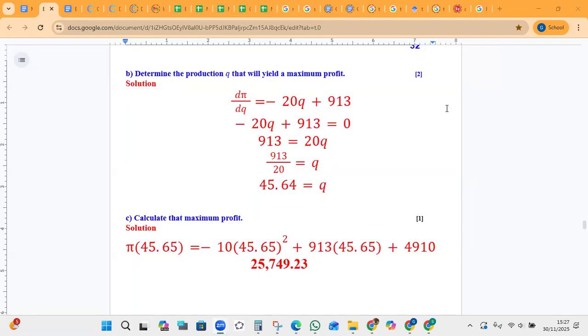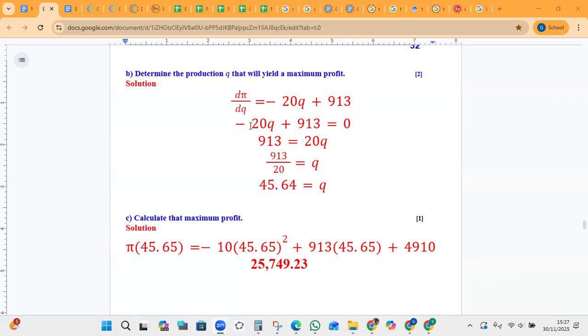So now we have to maximize the profit. We already have the marginal profit function, the gradient function that was provided to us, which is d pi over dq, which is minus 20q plus 914. Now we simply have to equate this to 0.